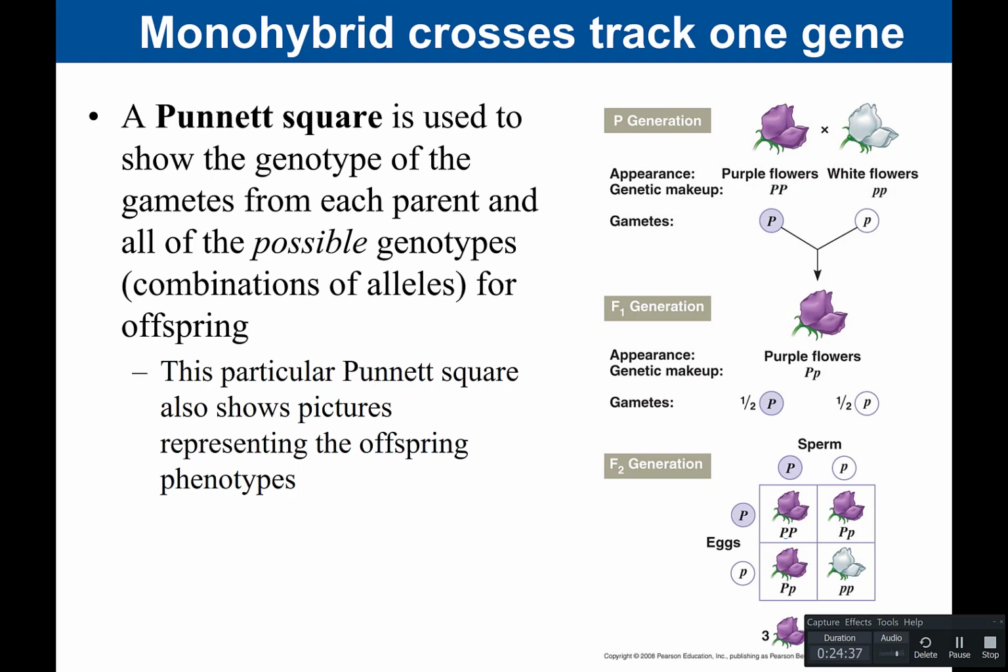You could simply toss a coin 4 times and it could end up heads every time. But if you flip that coin 1,000 times and your sample size is a lot bigger, then the 50-50 is more likely to match what is seen in actuality. And so the pea plants were a good system because they give a large number of offspring.